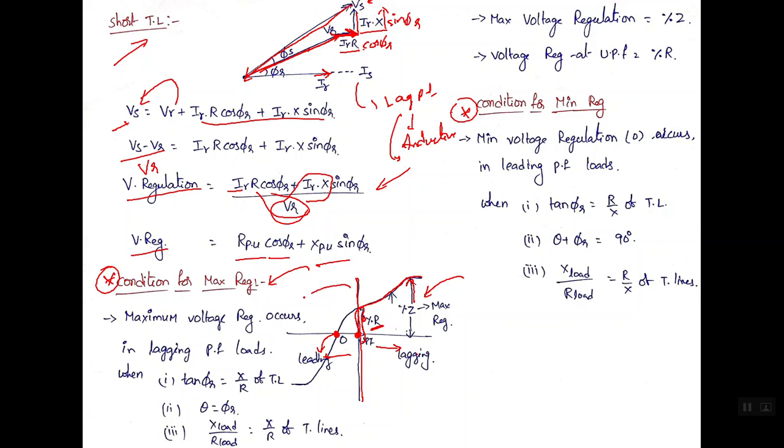Here the maximum voltage regulation occurs at lagging power factors, and we have three conditions. Whenever any of these conditions is satisfied, we will get maximum regulation.